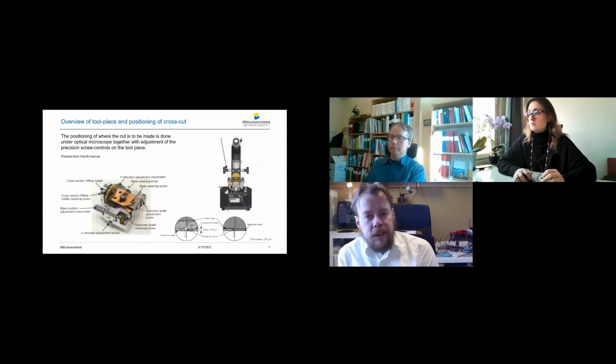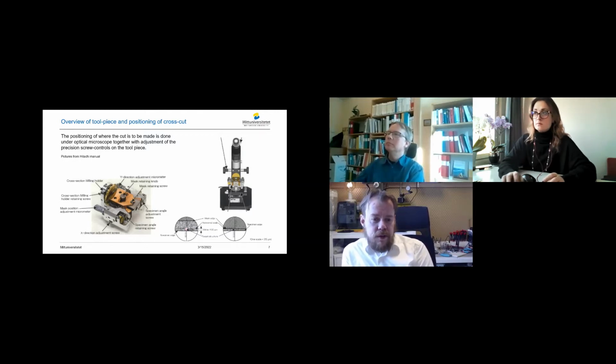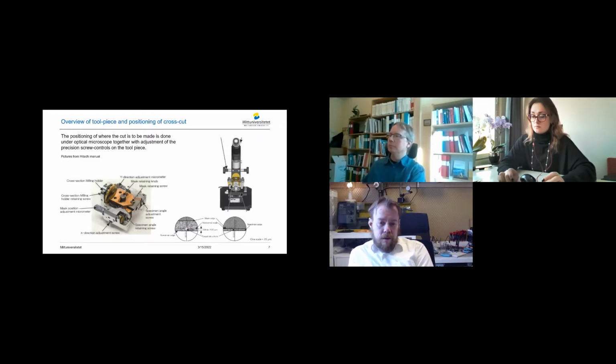When you mount the sample in this tool piece, this is a more detailed image of it. You can see there are a lot of knobs and screws that can be used to adjust it. The tool piece allows you to position the sample and to position where the cut is supposed to be on the sample.